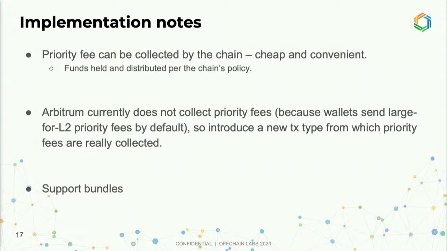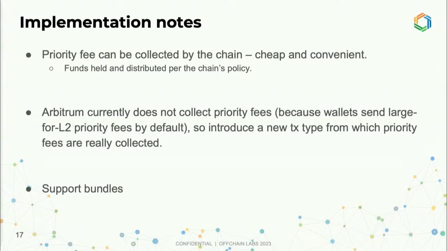Okay. The second note, in terms of implementation in Arbitrum, this is an annoying fact, but again, we're building a real product, so we have to deal with annoying facts. Arbitrum currently doesn't collect priority fees. The reason is it treats every transaction as if its priority fee is 0. Wallets insert default priority fees of, say, 1 gwei, which is negligible on L1, but on L2, it's like 10x the base fee.